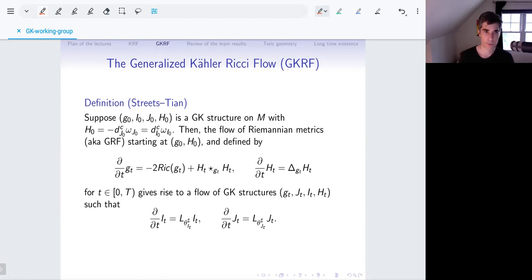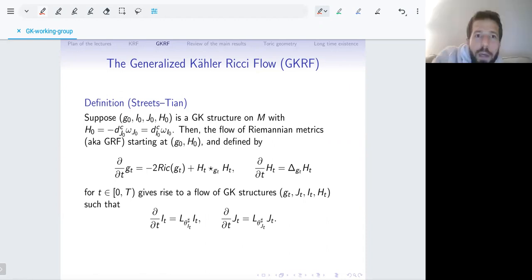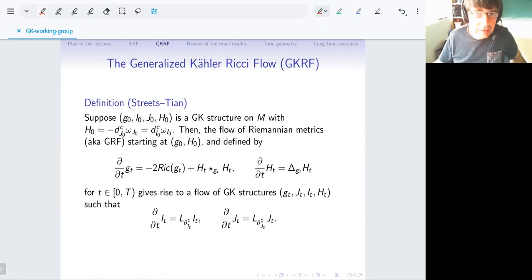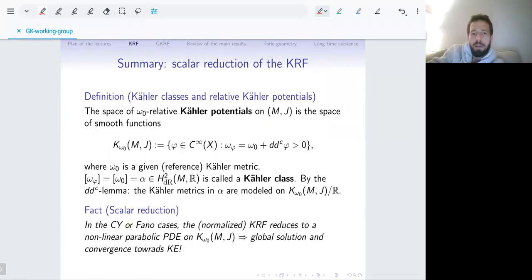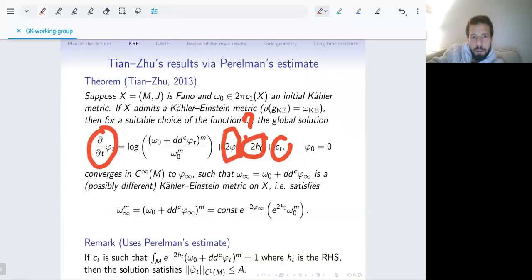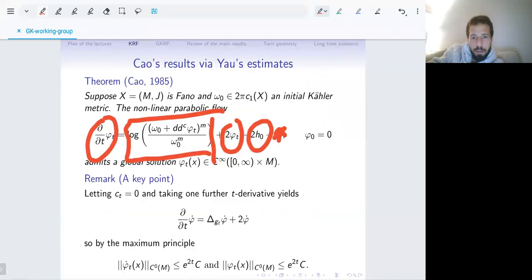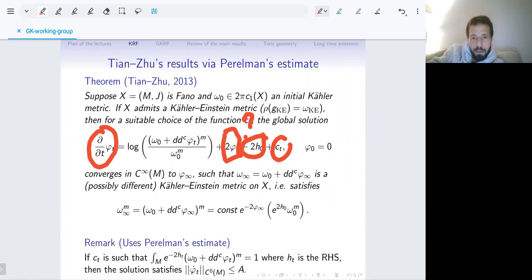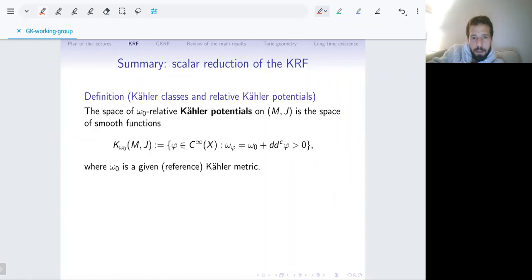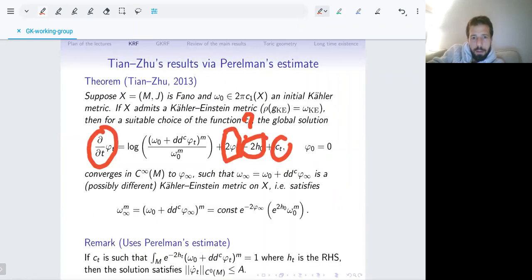Can you say something more about how this Perelman functional allows you to control this constant? Oh, right. It's the Perelman normalization you mean? Yes. I think I have it here. Right. So the normalization is the following.